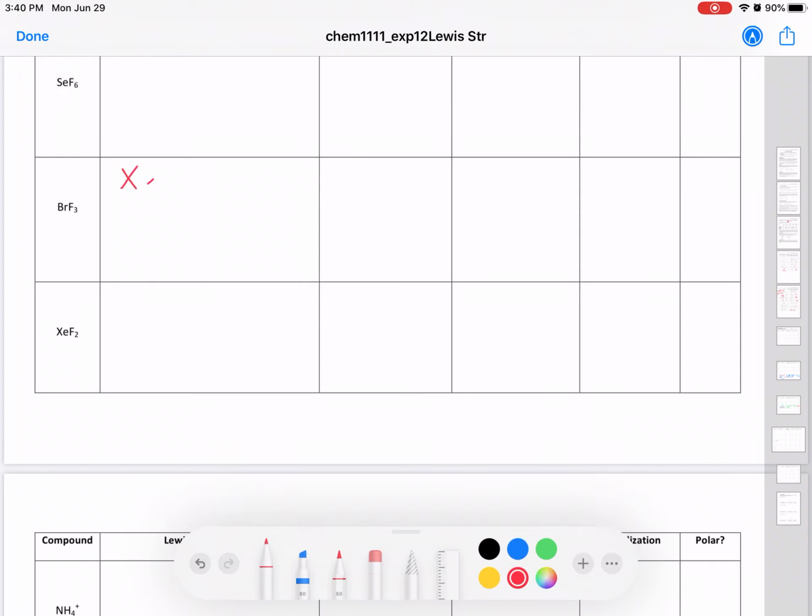Xe is in group 8, valence electrons 8, and F2, there are 2 fluorines. 2 times 7, 14. 14 plus 8 is 22.